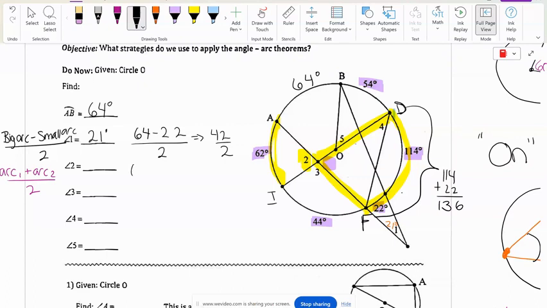So now we're going to add 62 plus 136 divided by 2. So we have 198, and now we're going to do 198 divided by 2, and we get 99.